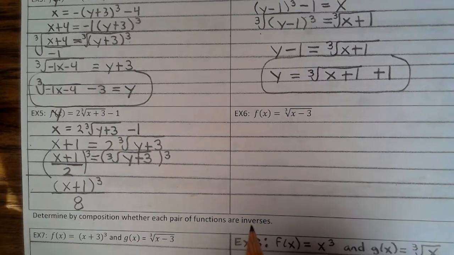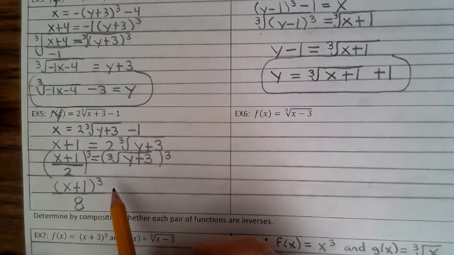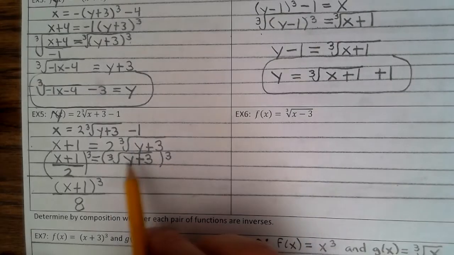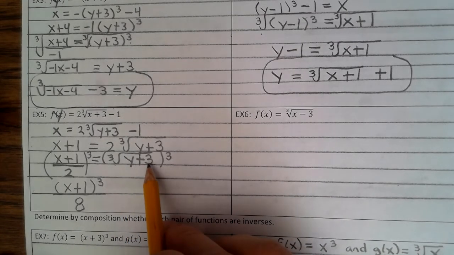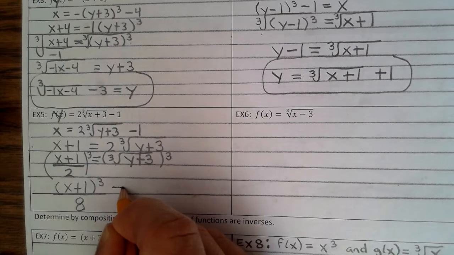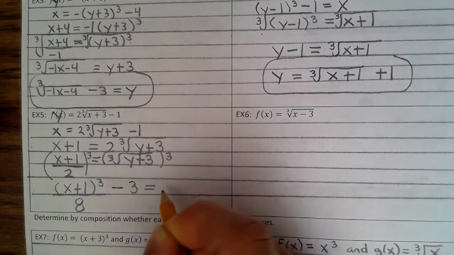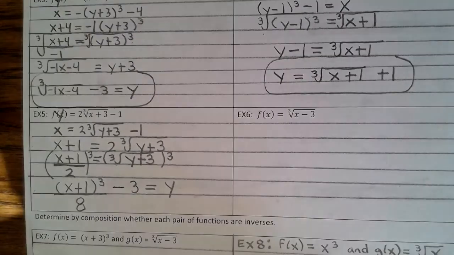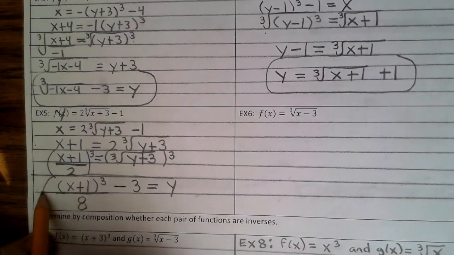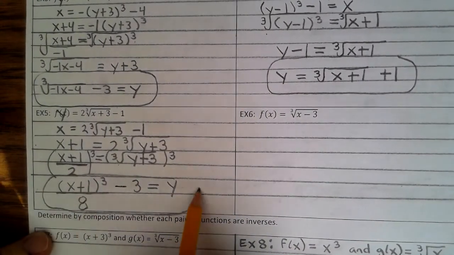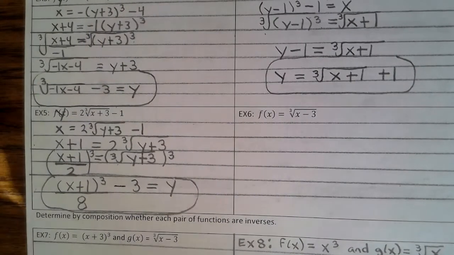Now, so to kind of running out of space, we're going to do kind of two steps in one. The cube uncubes this cube root, and you're left with y plus 3. If we subtract 3 from both sides, we're left with y. Okay? All right, finish up example 5.